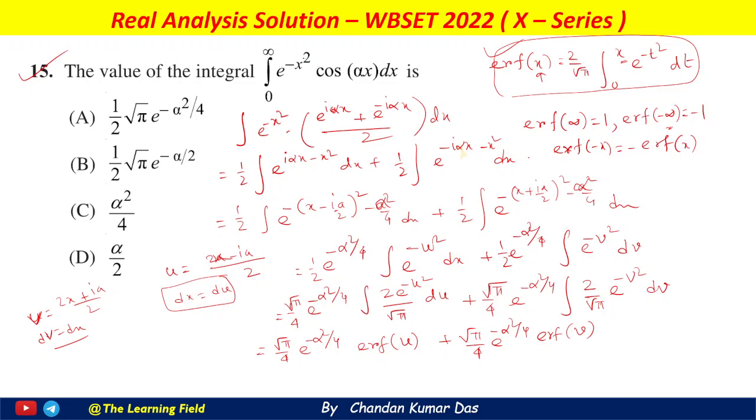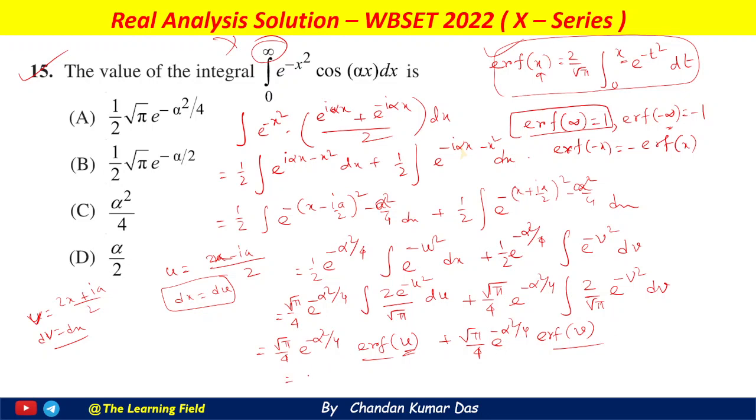Now if we put the values of u and v and put the upper limit, then at infinity the error function value is 1. That means this term goes to 1 in case of this integration.